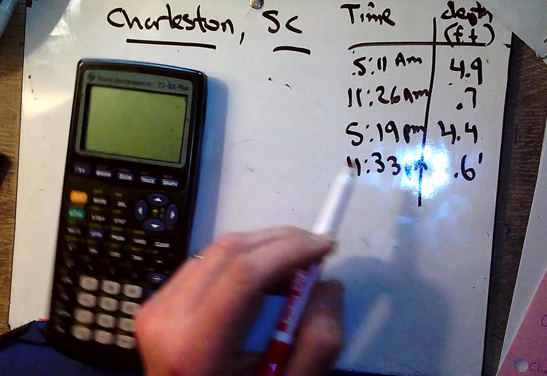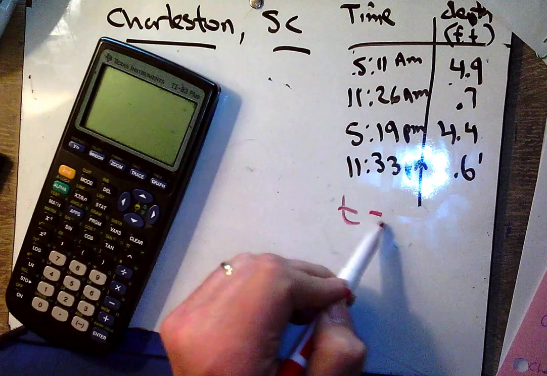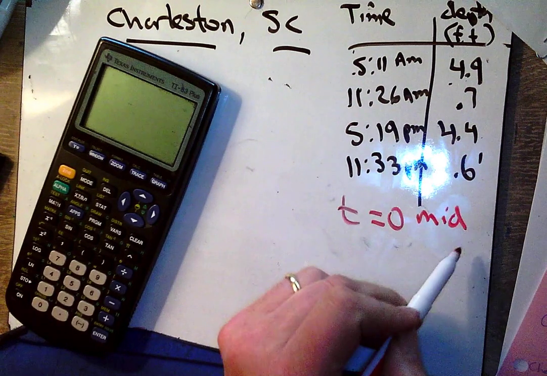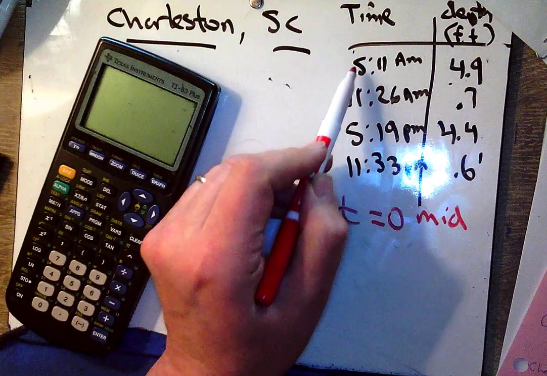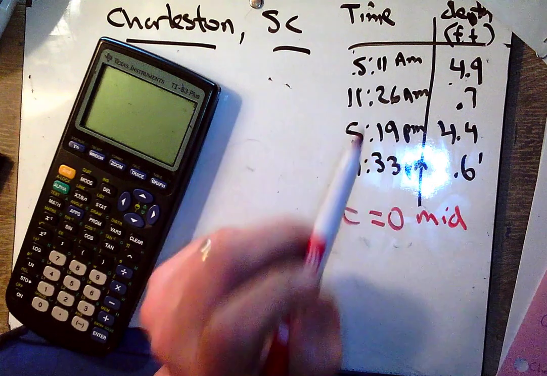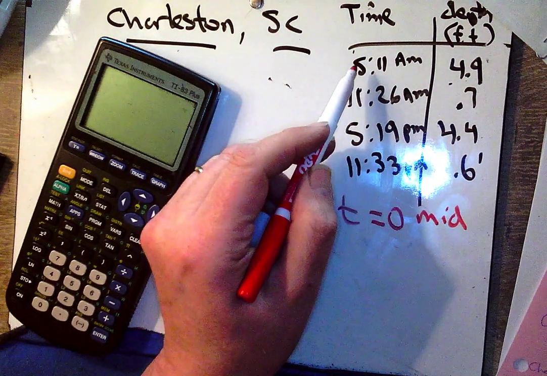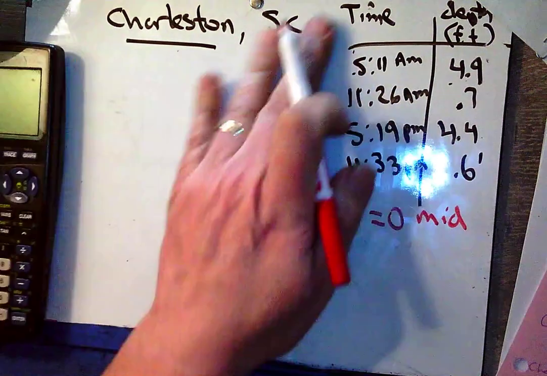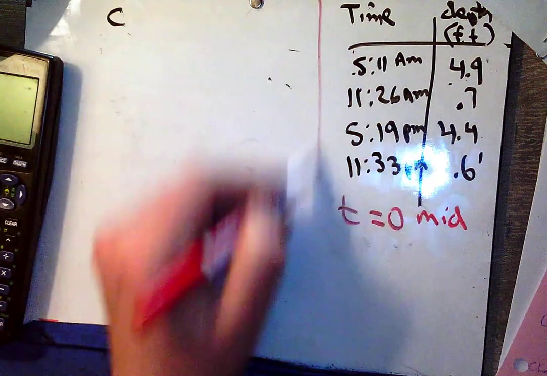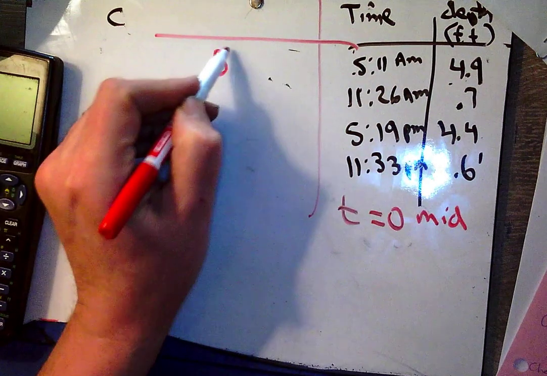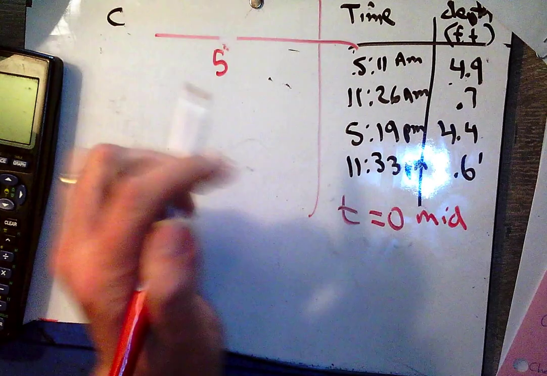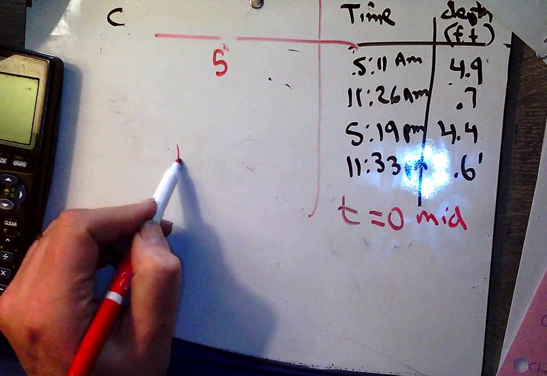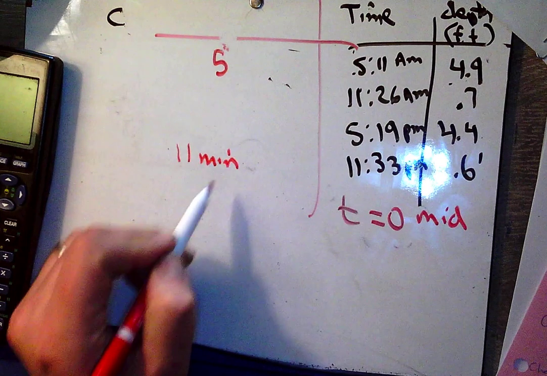So here's what I mean. Let's say that t equals 0 is midnight, for which this is 5 a.m. I know that this first moment in time is 5 hours, but what portion of 1 hour is 11 minutes?